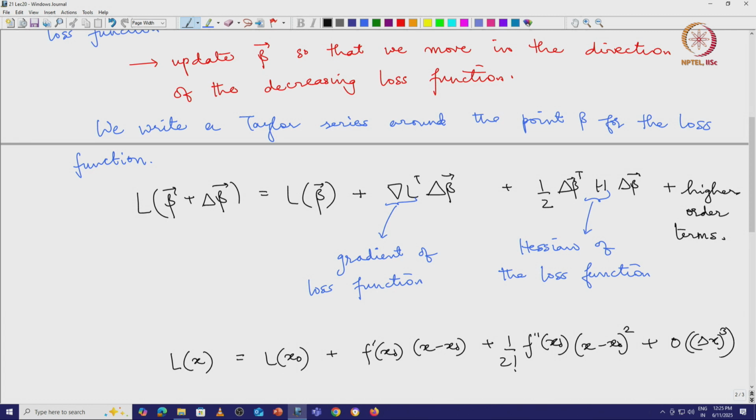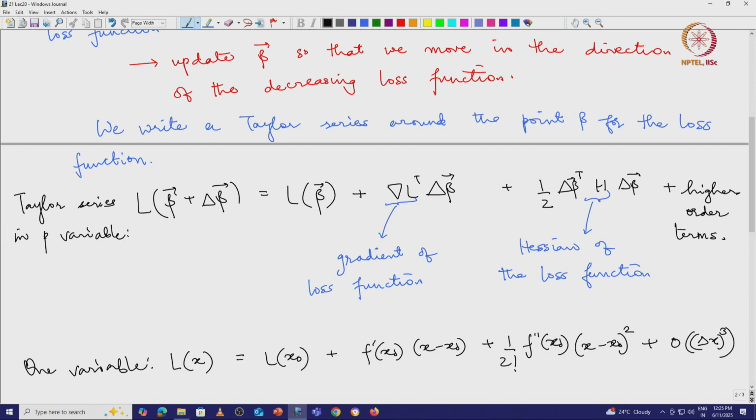So, this is what you do in case of just one variable, Taylor series in one variable. This is a Taylor series in p variables, right, because there are p parameters that we want to determine, right.